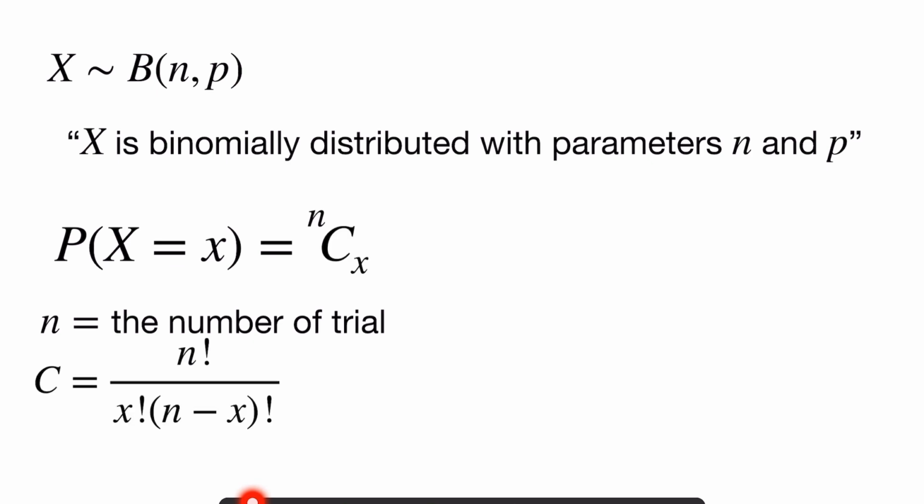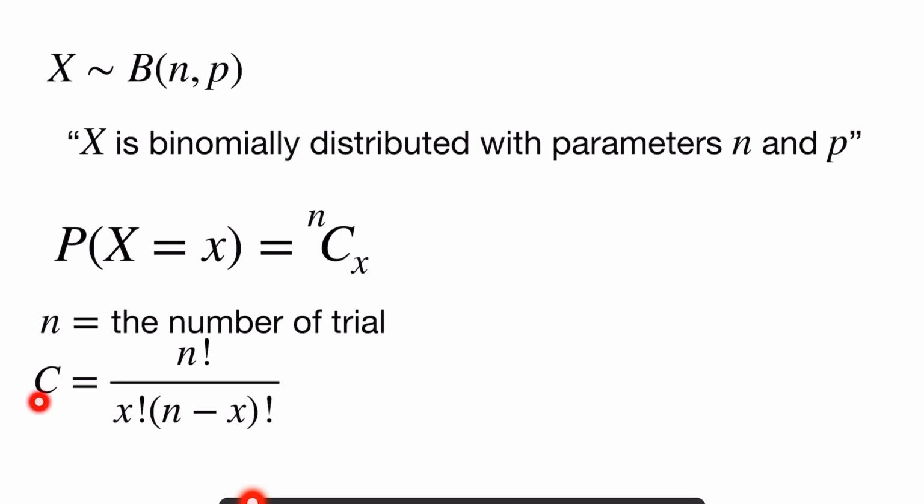C, what is C? Have you ever learned this before? Yes, good. N factorial divided by X factorial times N minus X factorial. Don't worry, we're not going to use this. I'm just going to introduce you.